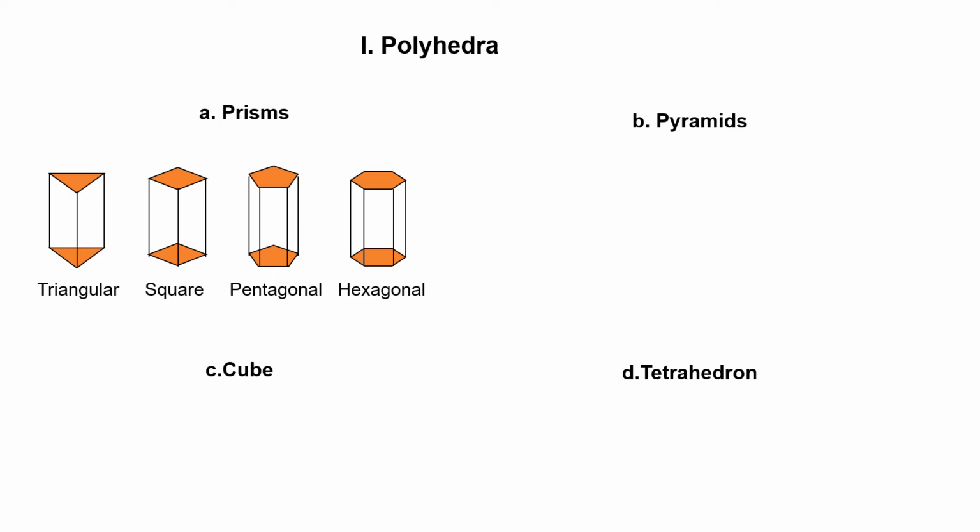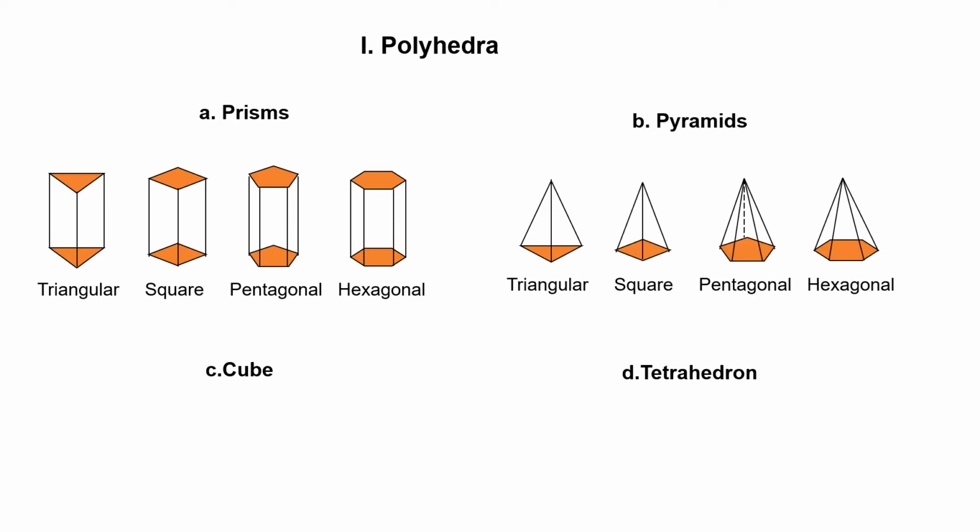Next, pyramids: a polyhedron formed by a plane surface as its base and a number of triangles as its side faces, all meeting at a point called the vertex or apex. These are the pyramids: triangular pyramid, square pyramid, pentagonal pyramid, hexagonal pyramid.